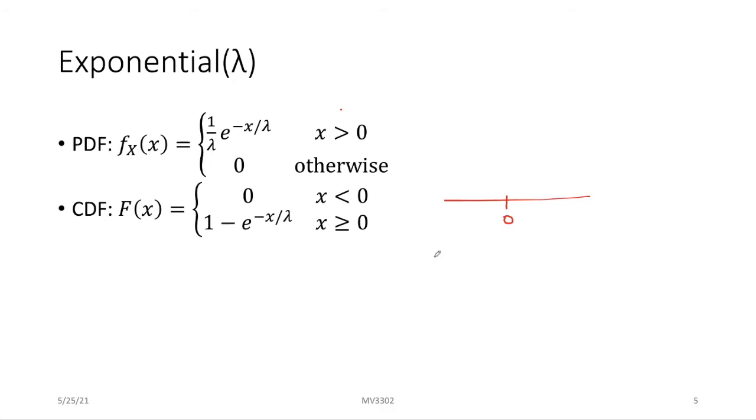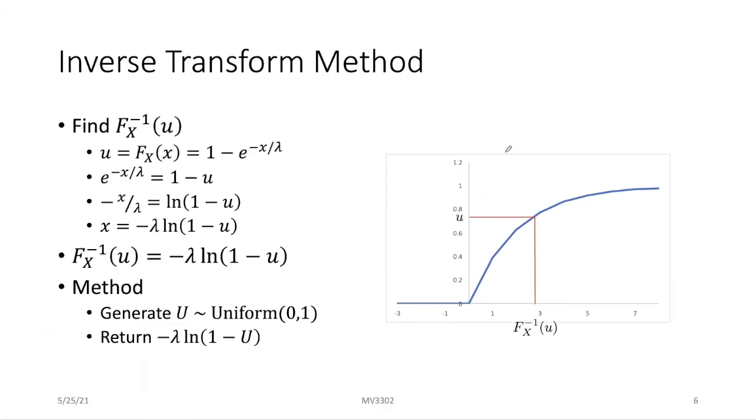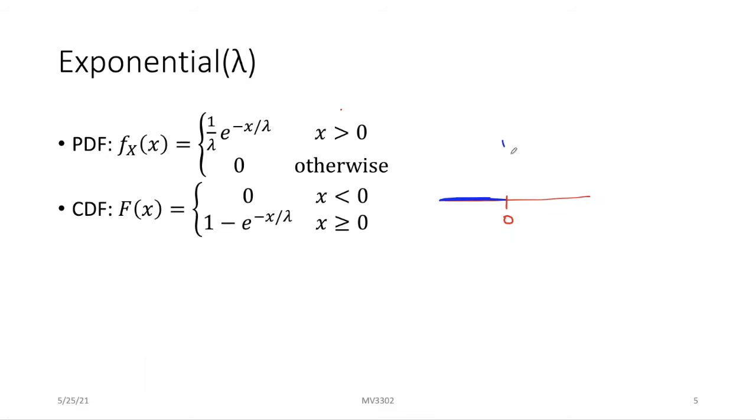So in other words, if we were to graph this, for values less than 0, the PDF, again, this is the PDF I'm graphing, is 0. And then it actually looks like this. It's called exponential because that's the exponential function.